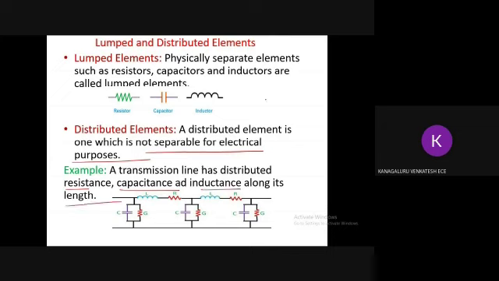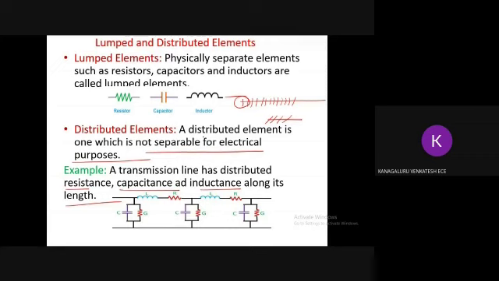Everywhere along the length of the transmission line you will have a combination of resistors, capacitors, and inductors. You cannot separate the resistor alone. Even within a short length of transmission line, you will have a resistor, capacitor, inductor combination, all those things. Those kinds of elements are distributed elements.